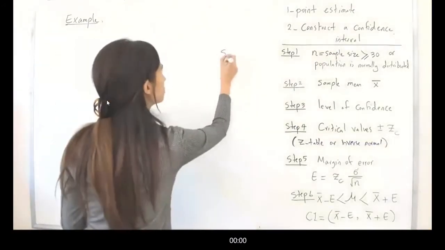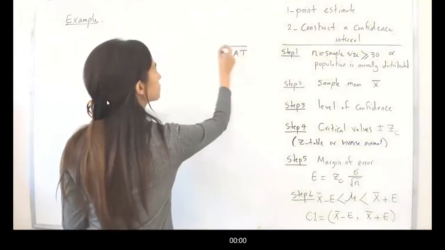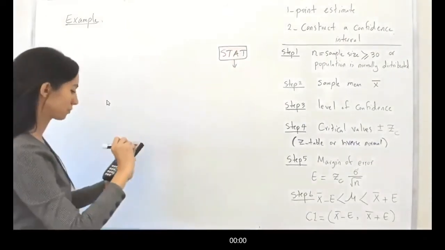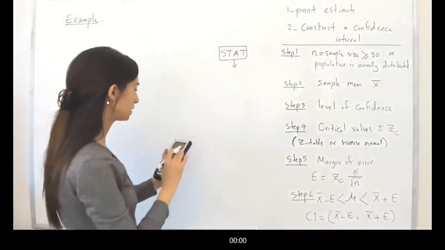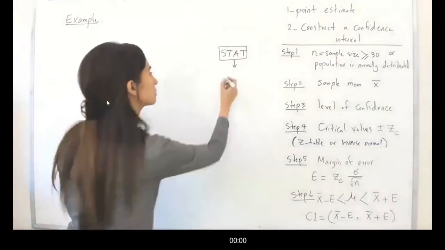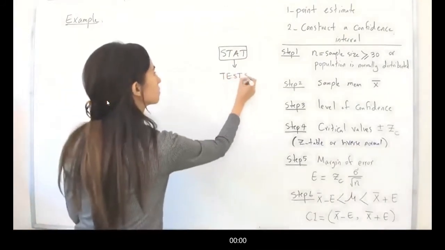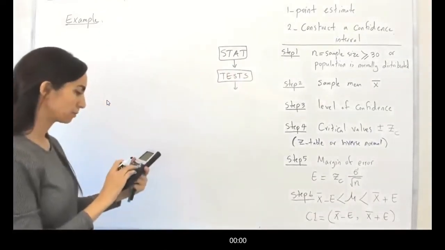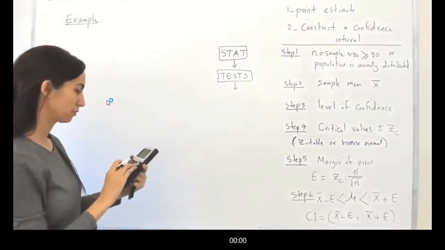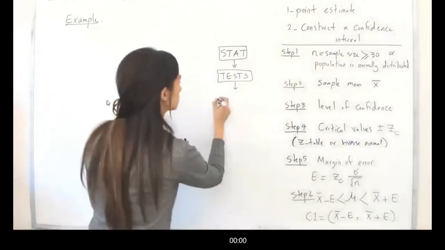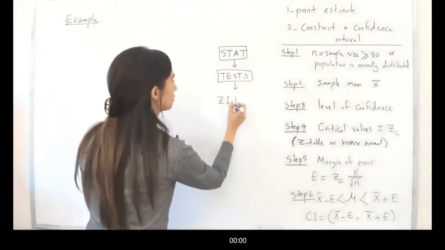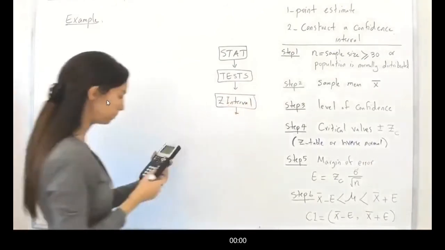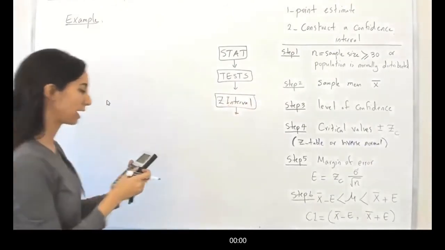So we go to stat. Then we go to tests. Now you need to find the Z interval. The next step, you need to enter the data in stats.